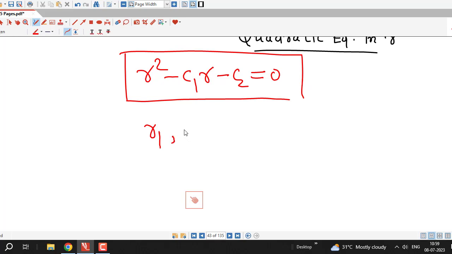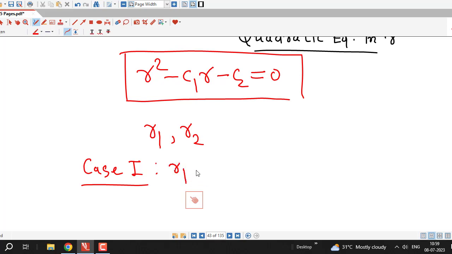Suppose the two values of r are denoted by r1 and r2. There are different possibilities: these two values can be real and different, they can be real and equal, and they can be complex also.